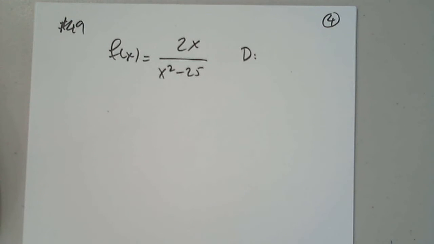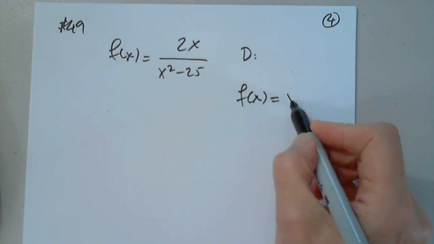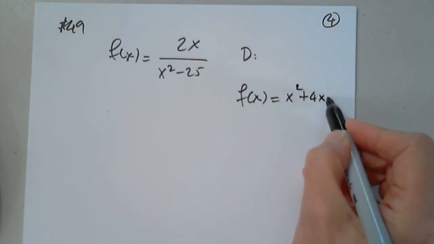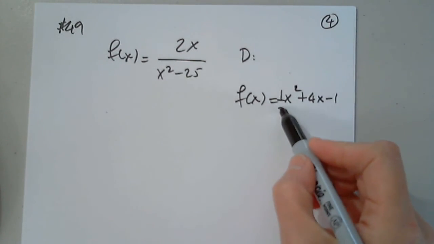Quadratic. So a quadratic function will look like this. A quadratic function cannot have a denominator. If it has a denominator as a number, it's quadratic.